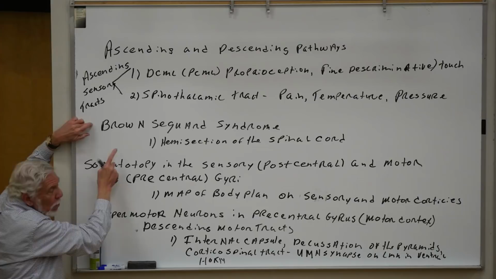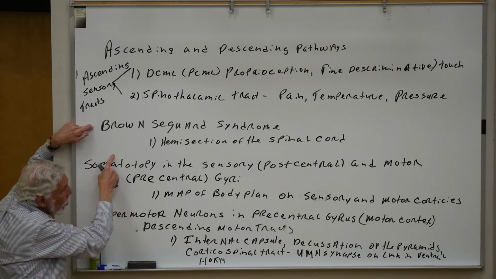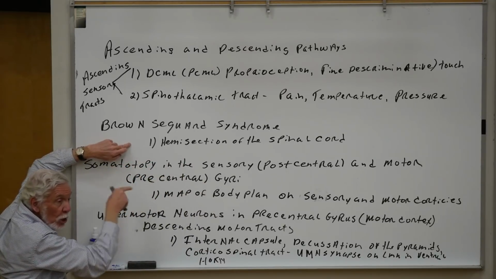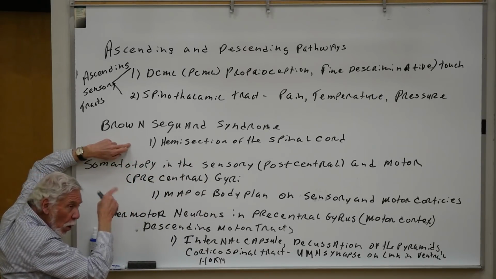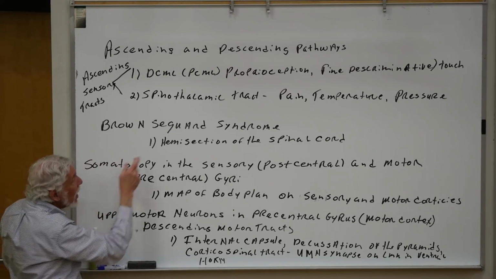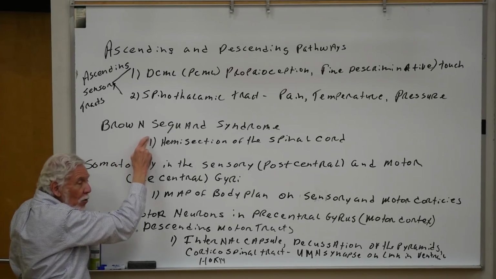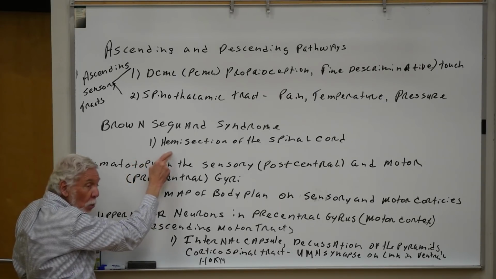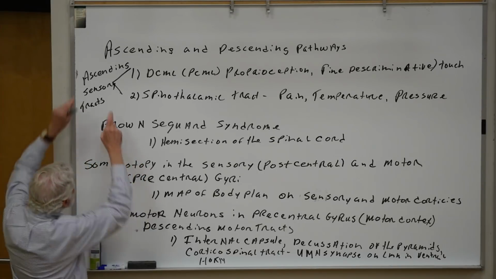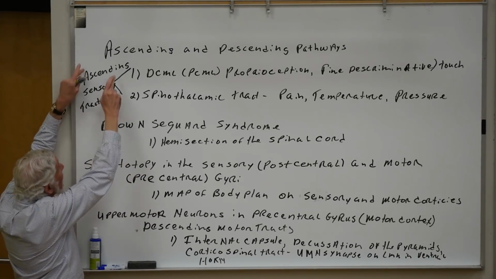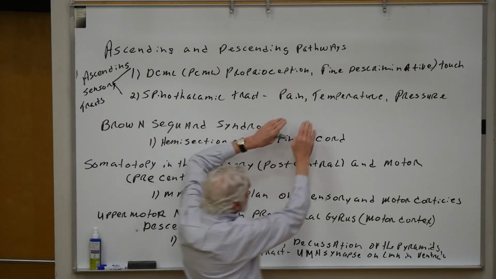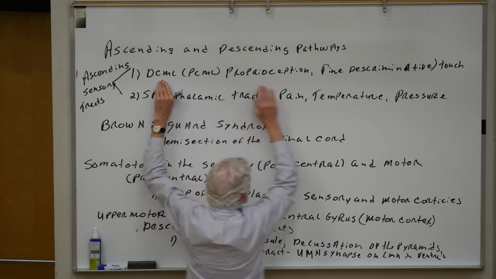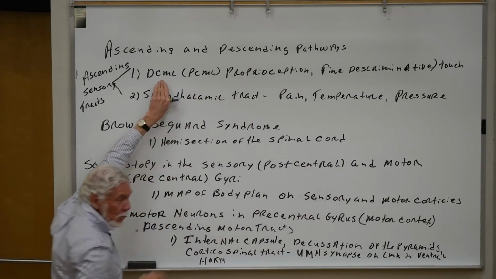Then I want to talk a little bit about Brown-Séquard. The reason I bring up Brown-Séquard is a hemisection of the spinal cord. We cut the spinal cord just to the midline. The reason I want to walk you through this is that if you understand what happens in Brown-Séquard syndrome, and you understand what information is blocked and what information still gets through, then you understand the distinction between the ascending sensory tracts carrying information about pain, temperature, and pressure in the spinothalamic tract, and the pathway carrying information about proprioception and fine touch in the dorsal column system.